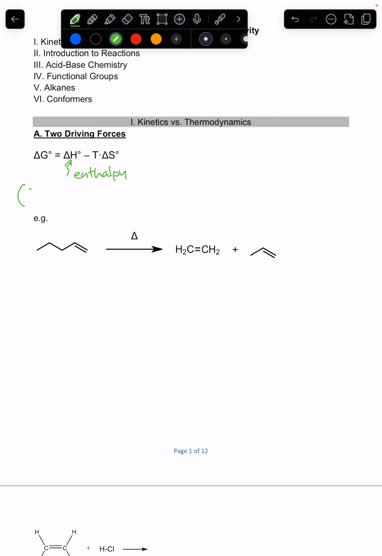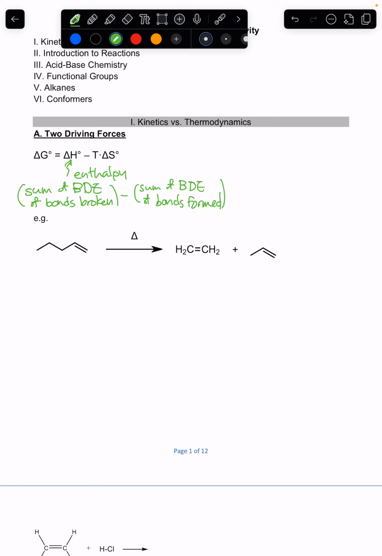So one way to think about this is just the sum of bond energy, or bond dissociation energy, as it is often called, of all the bonds broken, and you subtract from that the sum of all the bond energies, or bond dissociation energies, of all the bonds that are newly formed.